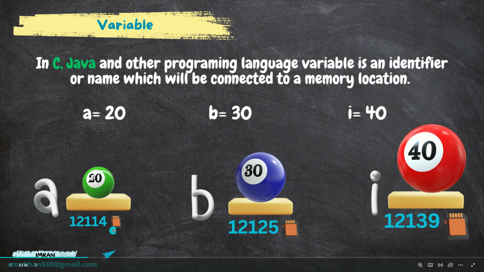There is a memory location 1214 for variable a, 1225 for variable b, and the memory location for i is 1239. I have drawn a memory image so that you can understand this is indicating memory.